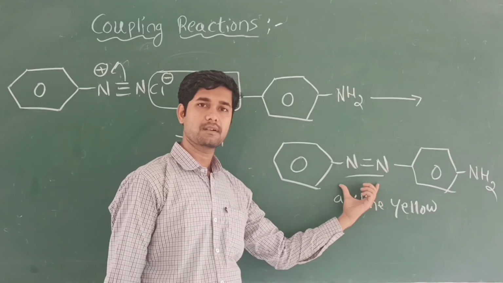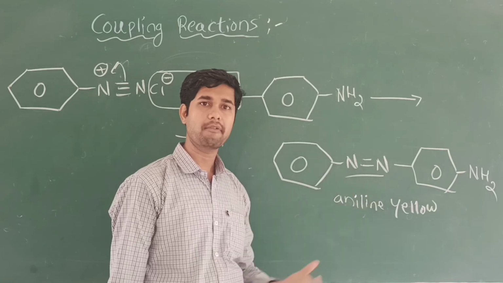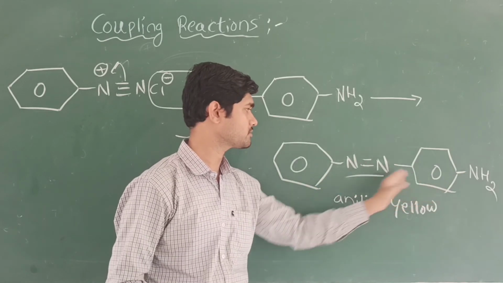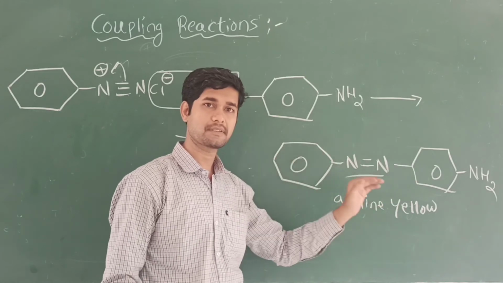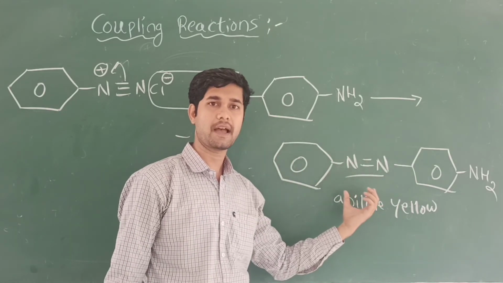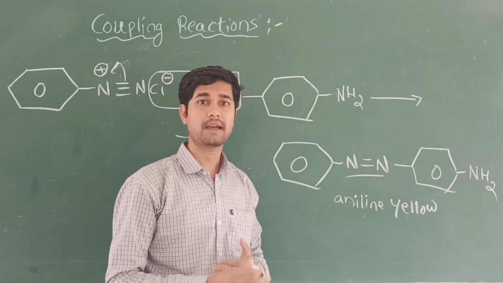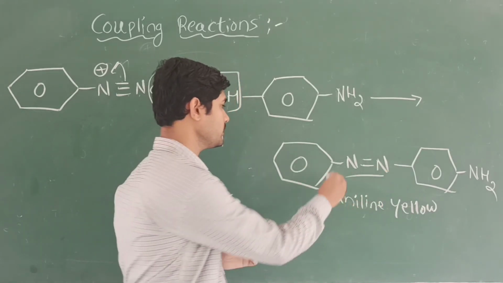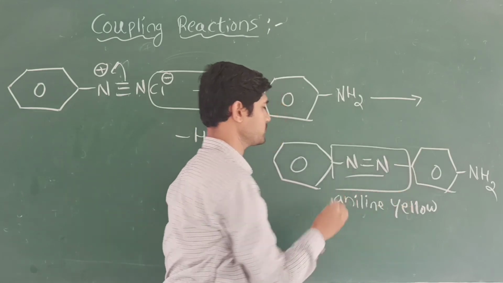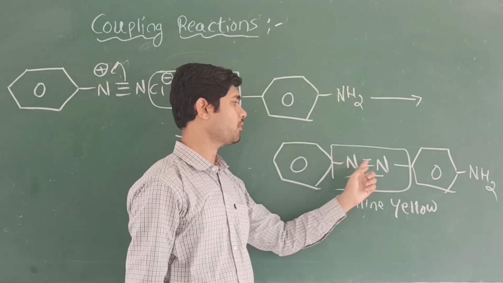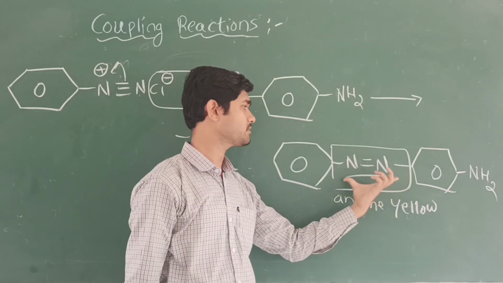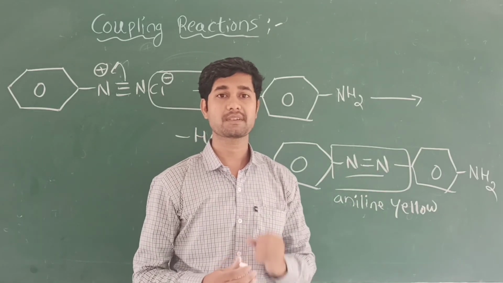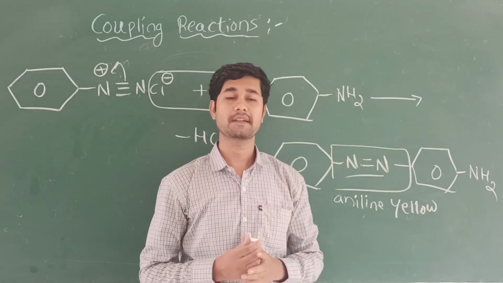These azo compounds have an extended conjugated system because of the presence of the two benzene rings. Both aromatic rings are joined, linked like this with the N double bond N. They are called chromophores; chroma indicates color.